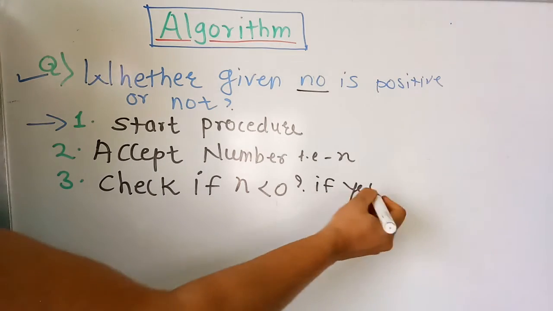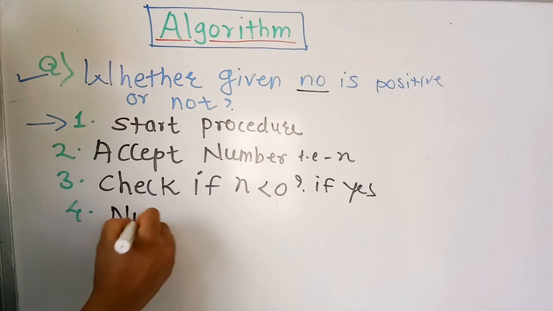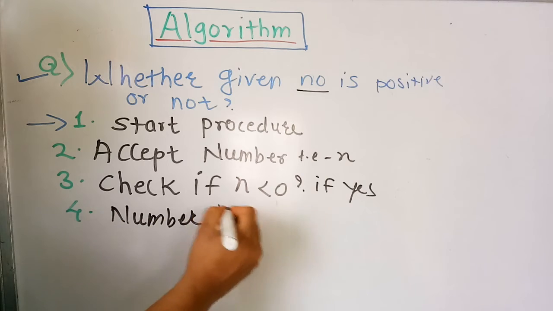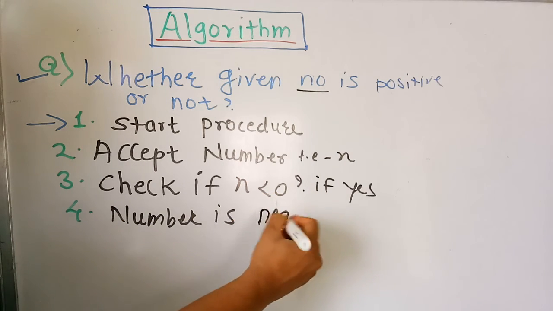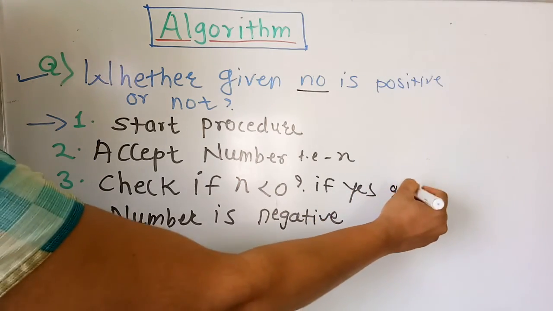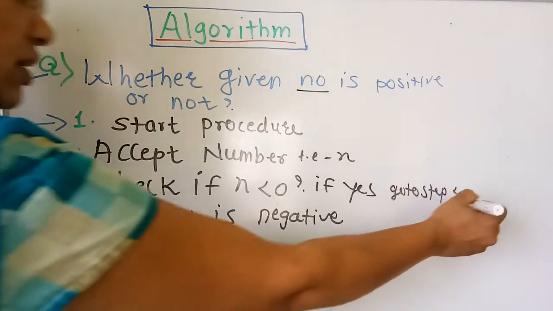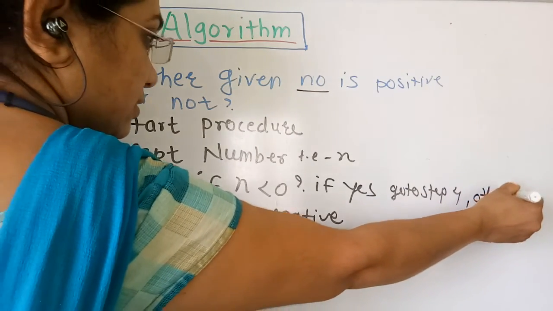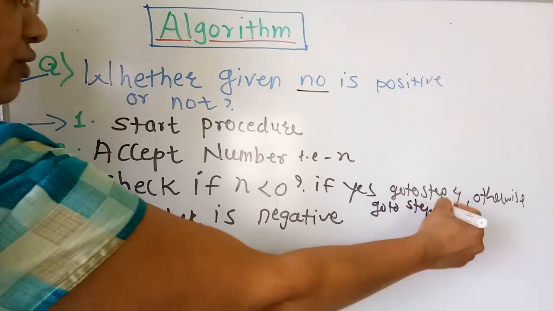That is, if it is yes, then in the next step, that is step 4, we will write: number is negative, since it is less than 0. And then how will we write? Go to step 4. Otherwise, go to step 5.